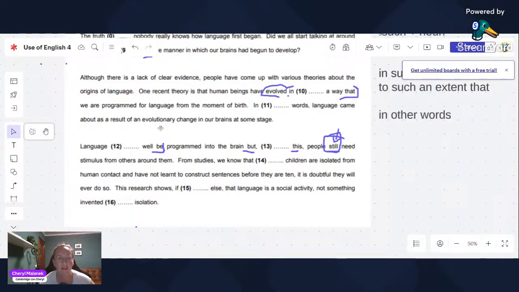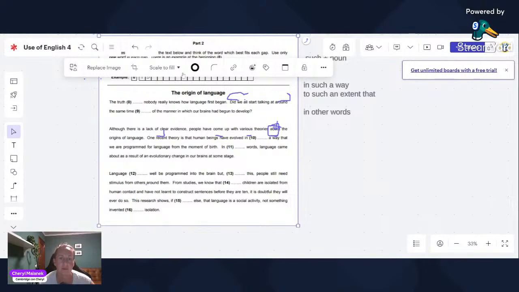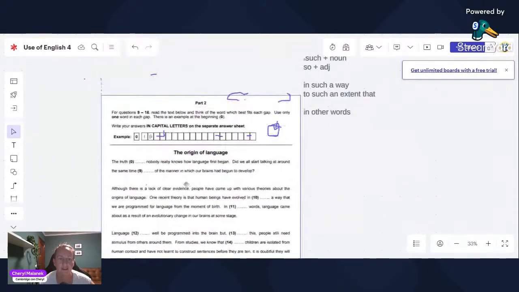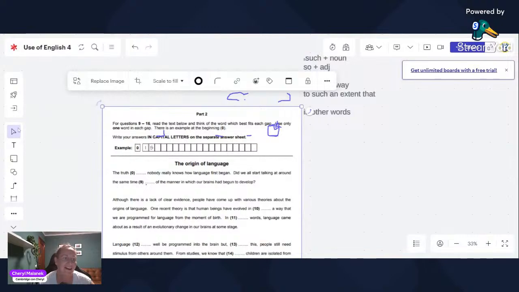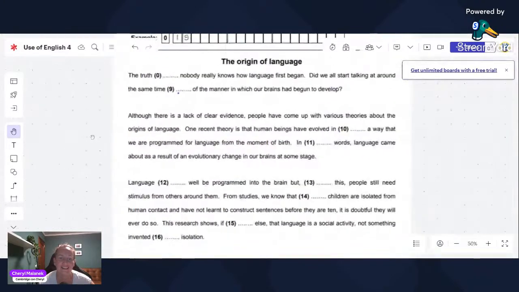So if I look at the answers to this, we had "because of". This is knowing the preposition that goes with "because". Number 10.